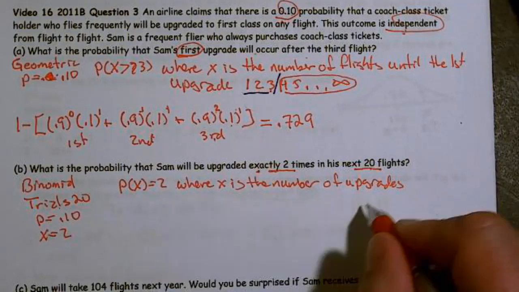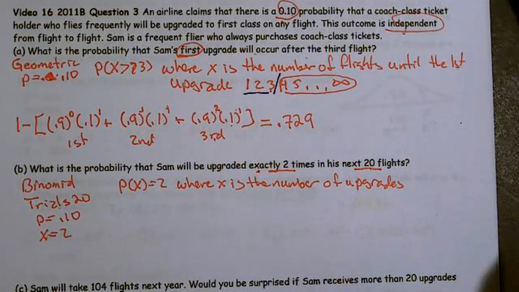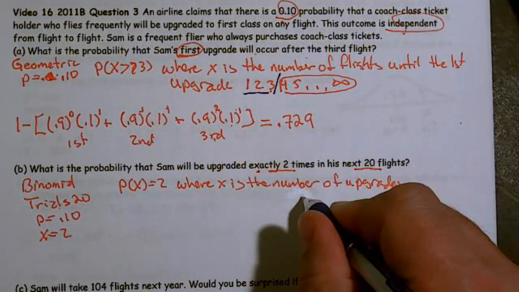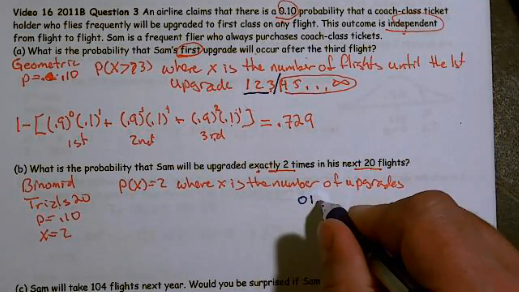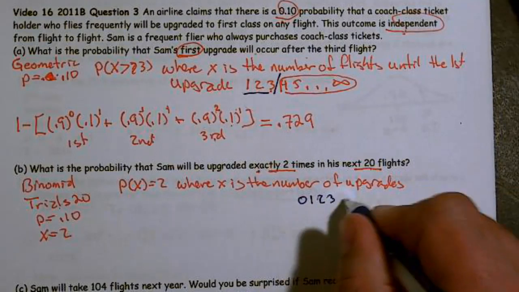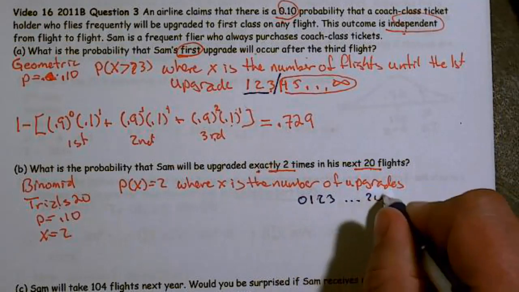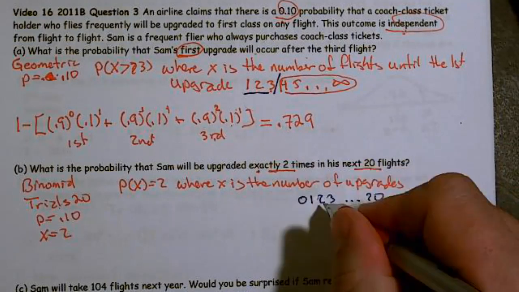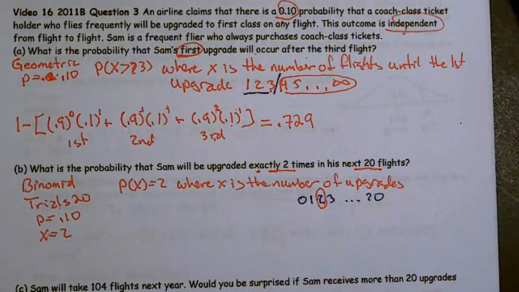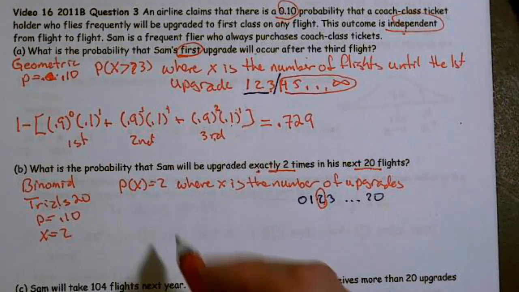Because this is a singular specific value, this is going to be a binomial PDF. If we were making our number line, binomials always start with 0, so it's 0, 1, 2, 3, all the way to 20. We're only looking for the singular value. Anytime we're working with a singular value, it's going to be a PDF.